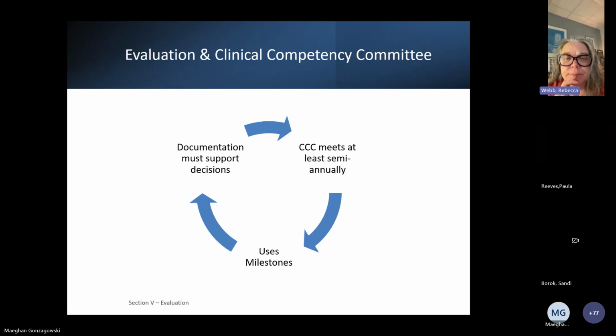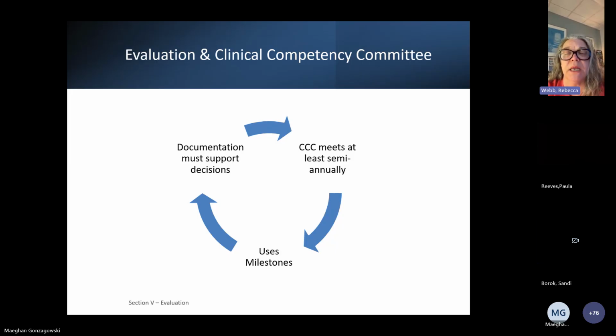Next slide, please. All right, evaluation and Clinical Competency Committee. So these are the 3 responsibilities of our CCC in evaluating residents. Documentation must support decisions. The CCC meets at least twice per year, and they have to utilize the milestones in their evaluation at some point. So if your CCC is meeting twice a year, most likely you are just doing milestones on those residents.